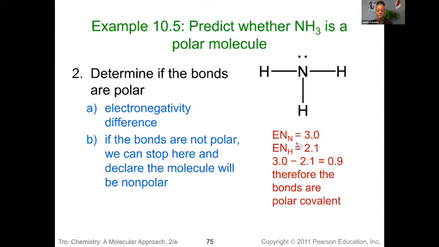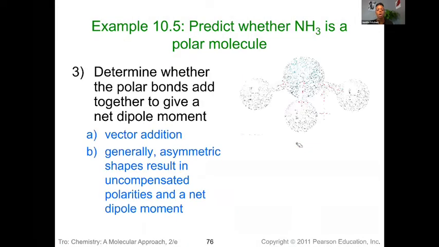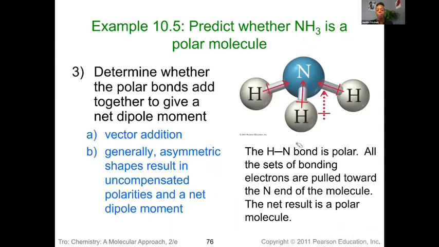Few instances where that's not the case, but I would say 99% of the time it's going to be the case. And so overall, we would end up saying that this is going to be a polar molecule because, again, we have this overall net pull towards the nitrogen, nothing stopping it going upwards. And so indeed, this would be a polar molecule.